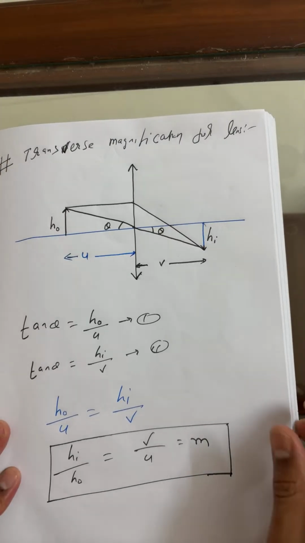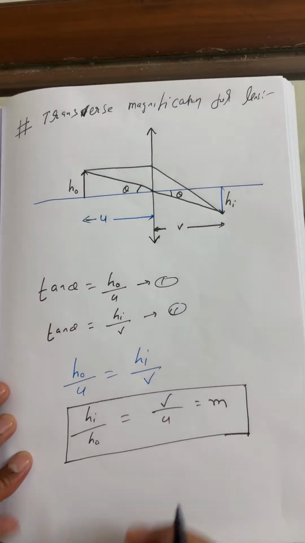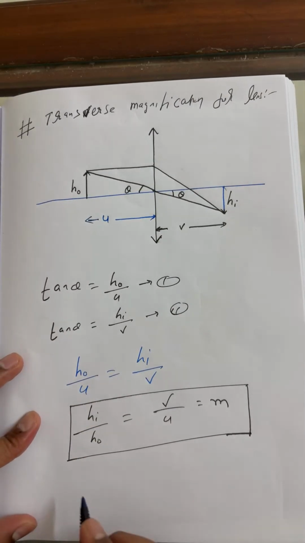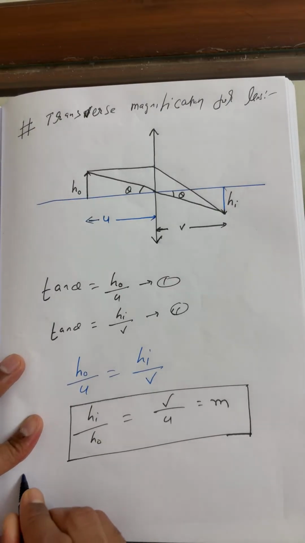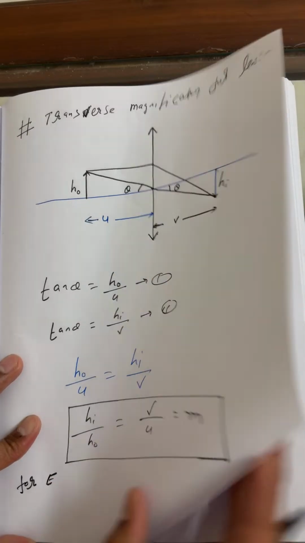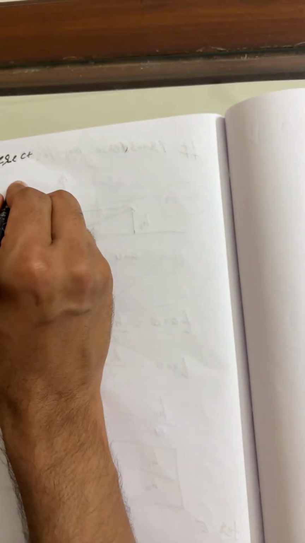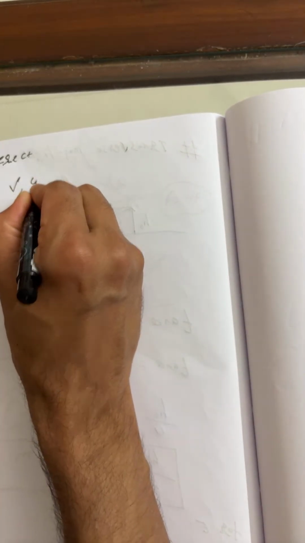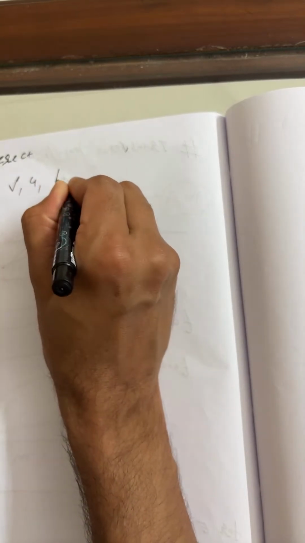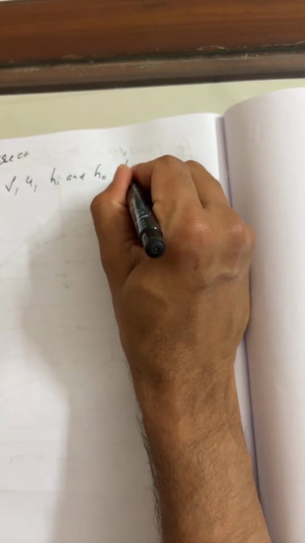Okay, a few basic points which I wanted to tell you so that we can solve numericals easily, because here I'm not going to discuss in much detail. For an erect image, V, U, HI and HO have the same sign.